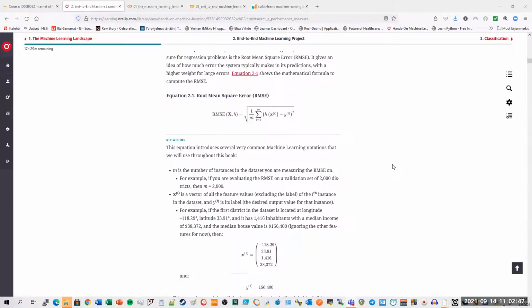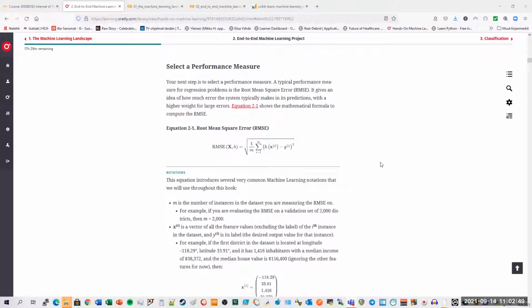So now I have been talking about the performance measures. If you have numeric data, like the linear model we saw before, you can use, for example, the root mean square error.